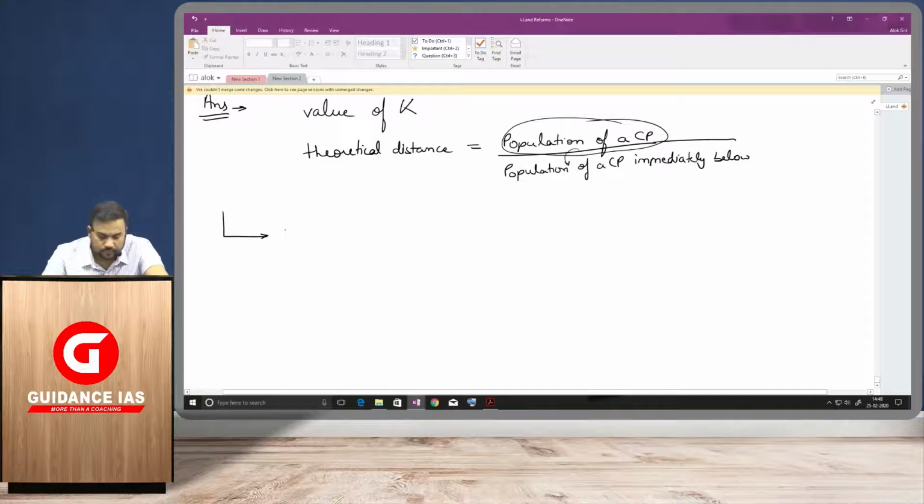You write first. Central place theory of Christaller is based upon certain simplifying assumptions and some perspectives like the least cost approach. Full stop.